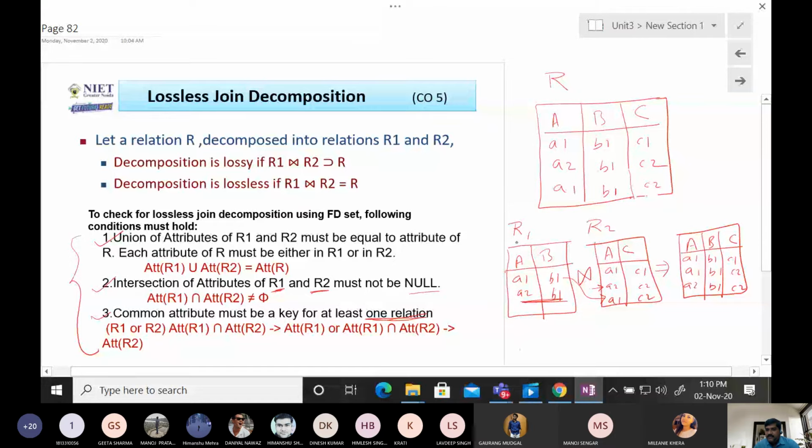If the common attribute is a candidate key in one relation, then the decomposition is lossless join decomposition. Did you get it?